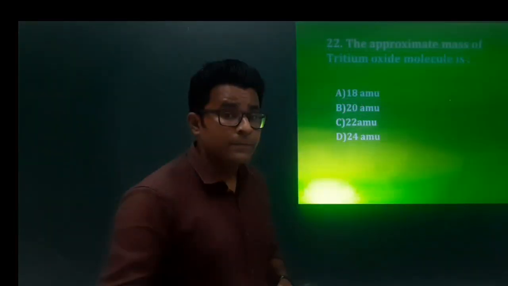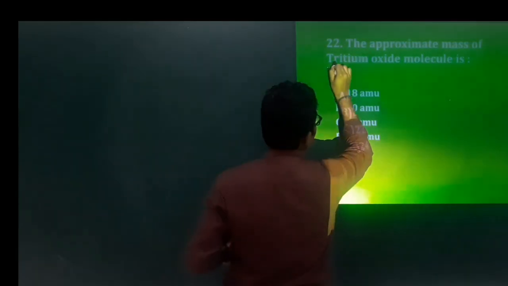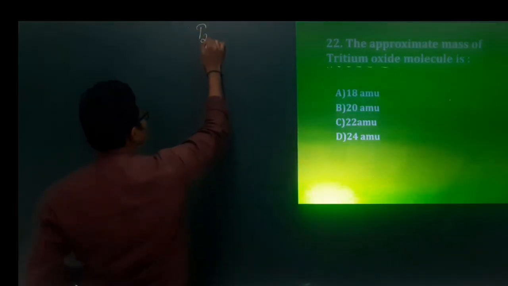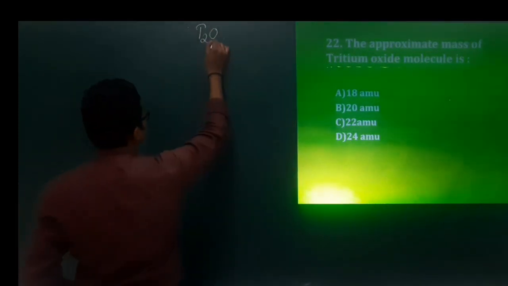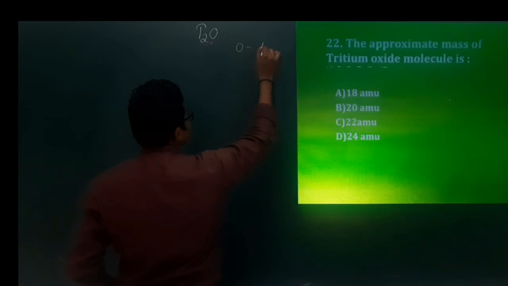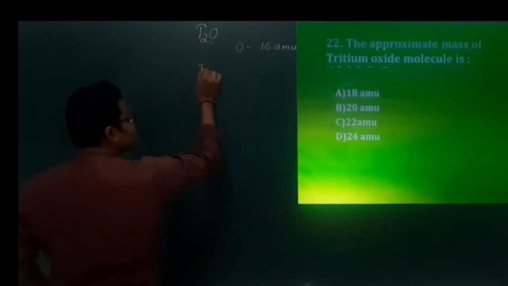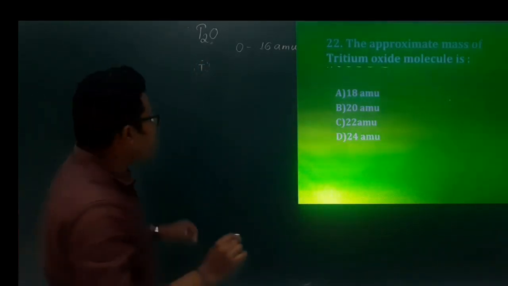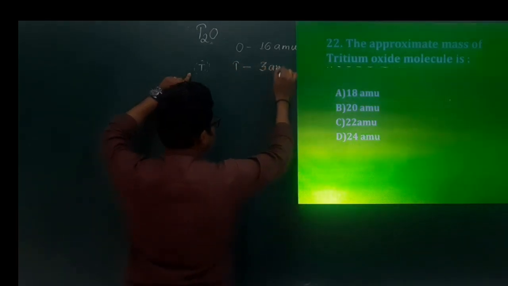Question number 22. The approximate mass of tritium oxide. Tritium oxide is nothing more than T2O. The mass of oxygen is 16 AMU, while tritium is an isotope of hydrogen with a mass of 3 AMU.